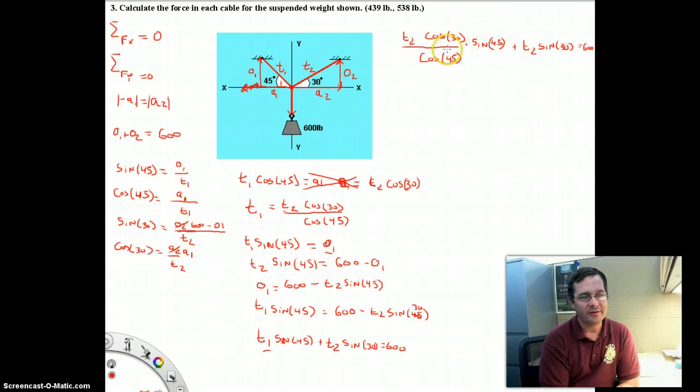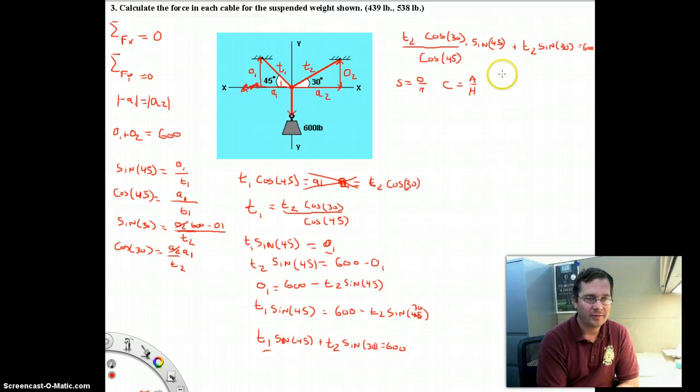Now we can take this a step further. If you think about sine and cosine, well, sine equals opposite over hypotenuse. Cosine equals adjacent over hypotenuse. And we're asking you to take the sine, the opposite over hypotenuse, and divide it by the adjacent over the hypotenuse.